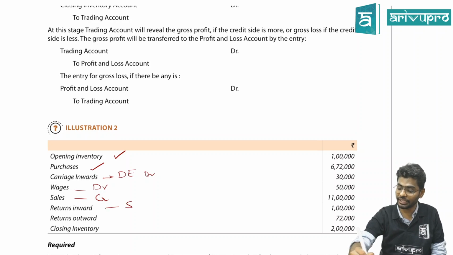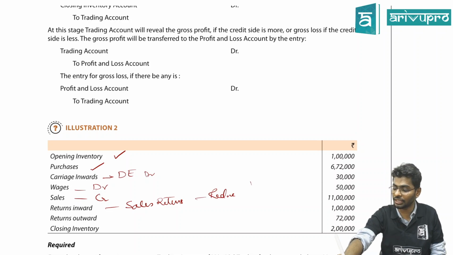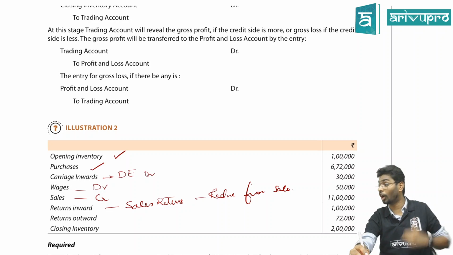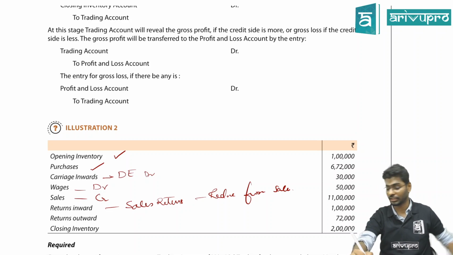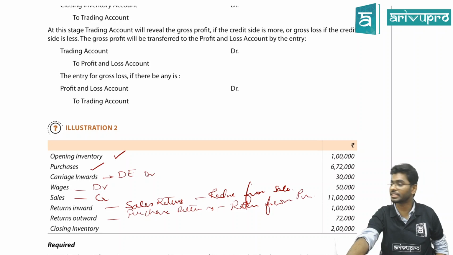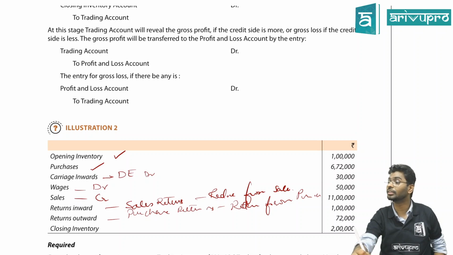Return inwards will be sales return. What do you do for sales return? Reduce from the sales value. What do you mean by return outwards? Goods which you have got, you are sending outwards. That means these are my purchase returns. What do you do for purchase returns? Reduce from purchases. Are you clear? Last one, closing inventory. Which side?